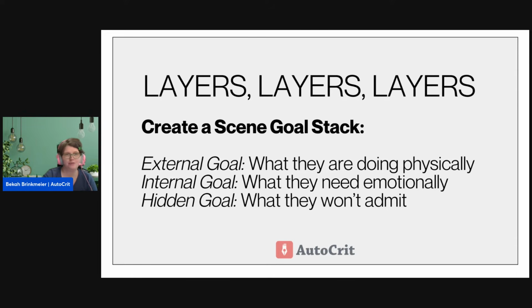For example, your character wants to get the job, okay? But she wants to get the job to prove her worth, but she's trying desperately not to look desperate. That's going to be kind of a fun scene to write. We have layers, we have a lot going on there.